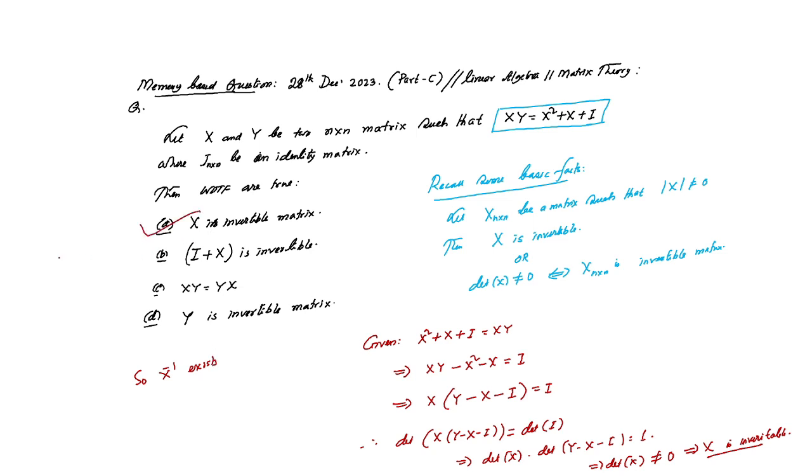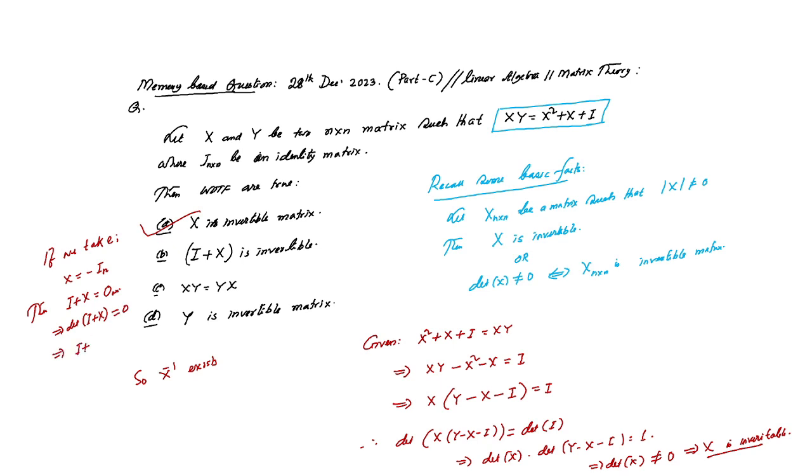Now for option B, if we take X equals simply minus identity matrix, then I plus X will be the null matrix, and in that case det of I plus X is equal to 0.